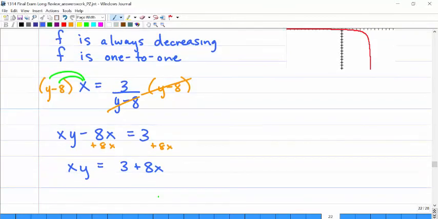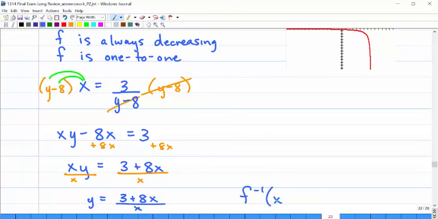Now divide both sides by x. To be consistent, I'm going to do that in orange. Dividing both sides by x, I get y equals (3 plus 8x) over x. So my inverse function is (3 plus 8x) over x.